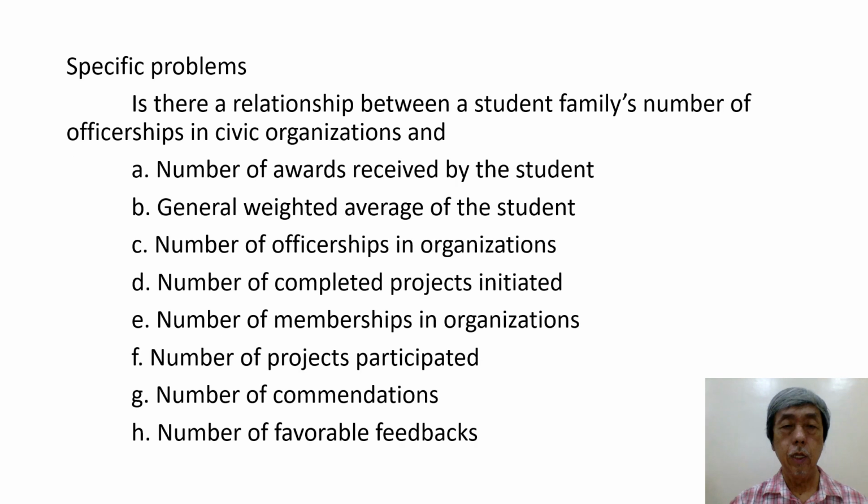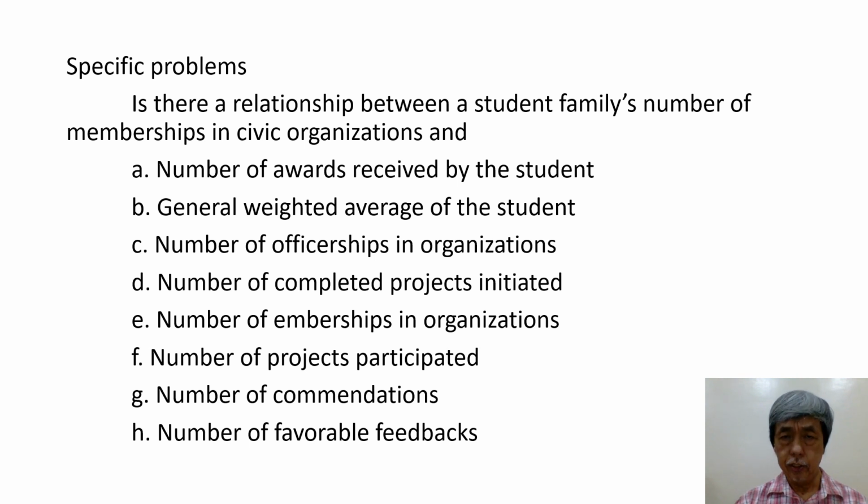service, and character? The specific problems are: is there a relationship between a student family's number of officerships in civic organizations and the 8 indicators of the dependent variable? Is there a relationship between a student family's number of memberships in civic organizations and the 8 indicators of the dependent variable?